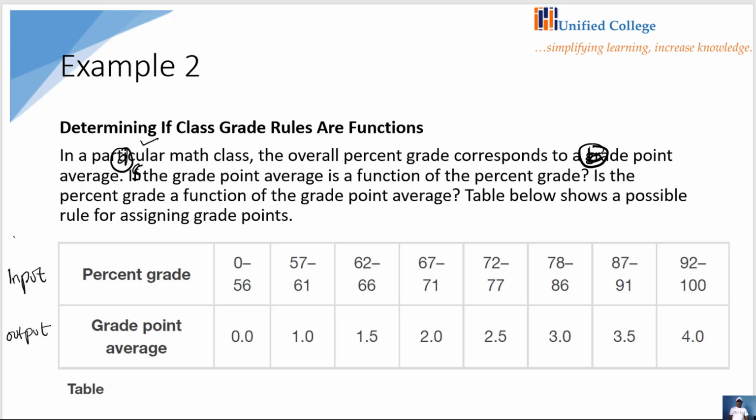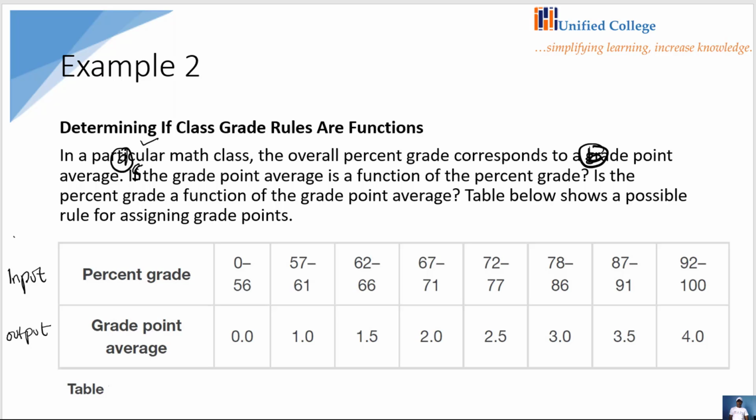Now, looking at the percent grade, you can see that 0 to 56% maps to a grade point average of 0. 57% to 61 maps to a grade point average of 1, and so on and so forth.